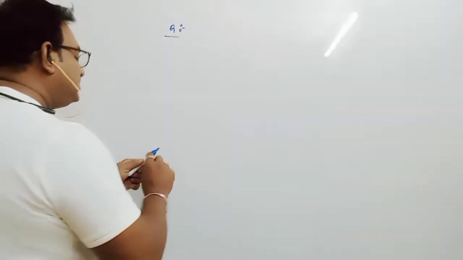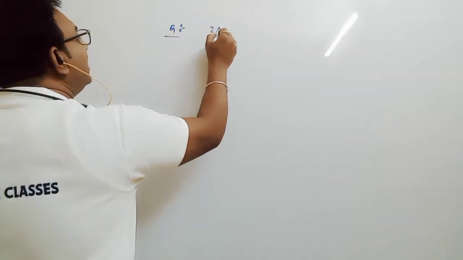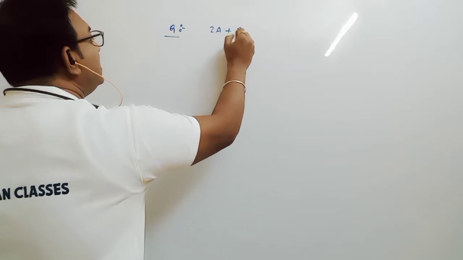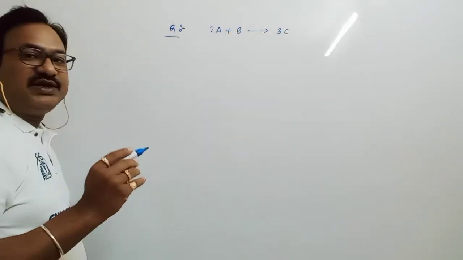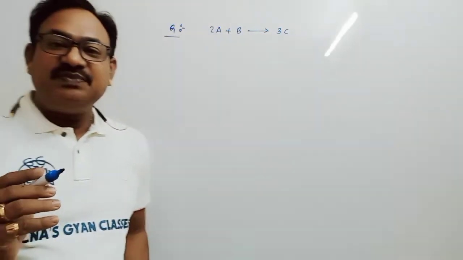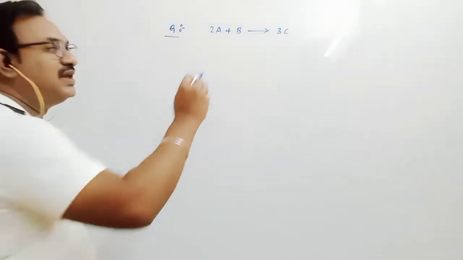Now, just go through an equation like this. 2A plus B gives rise to 3C. Just assume a chemical reaction 2A plus B gives rise to 3C.